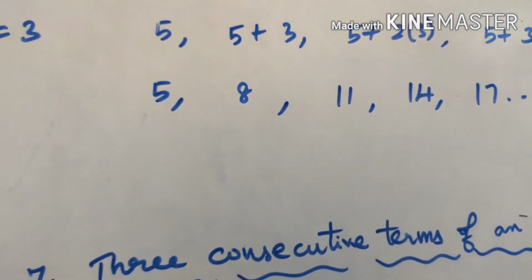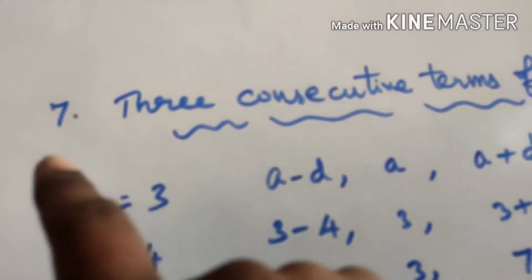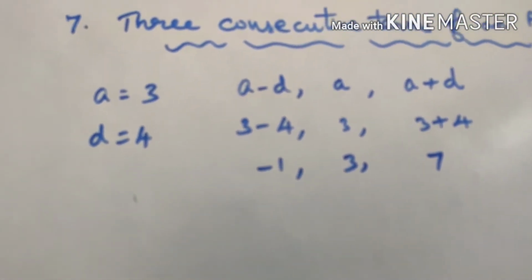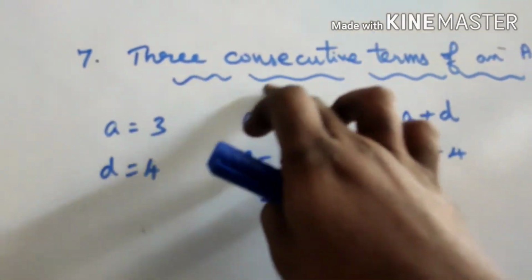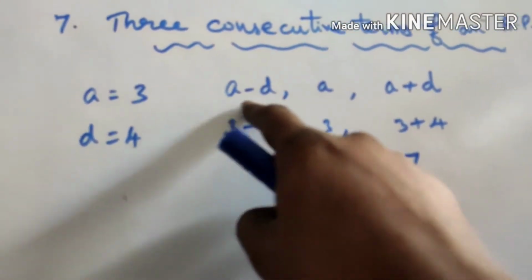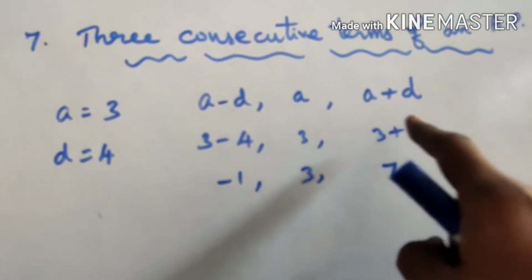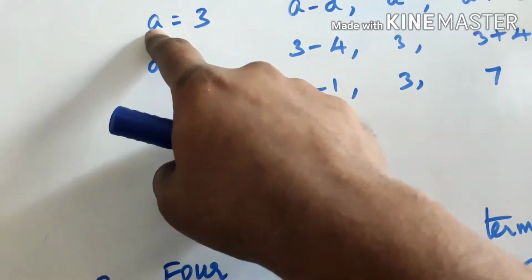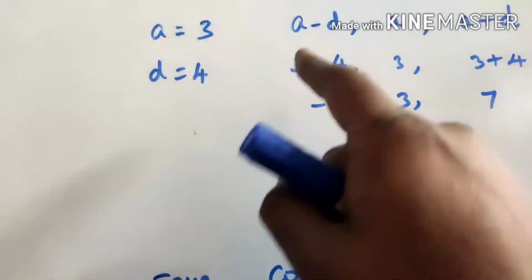Next, three consecutive terms of an AP. Three consecutive terms in an AP will be in this form only: a minus d, a, a plus d. For example, I am taking a equal to 3, d equal to 4; any number you can take.